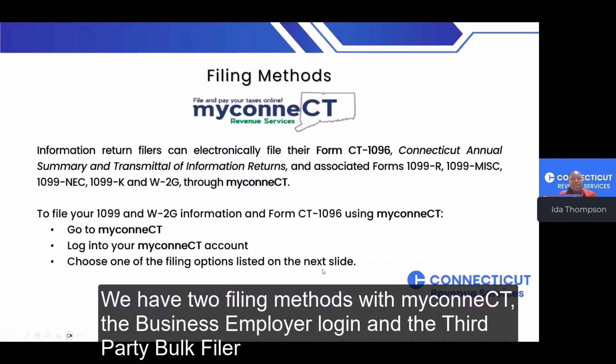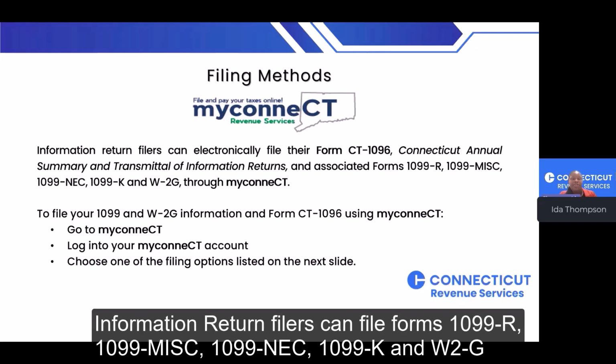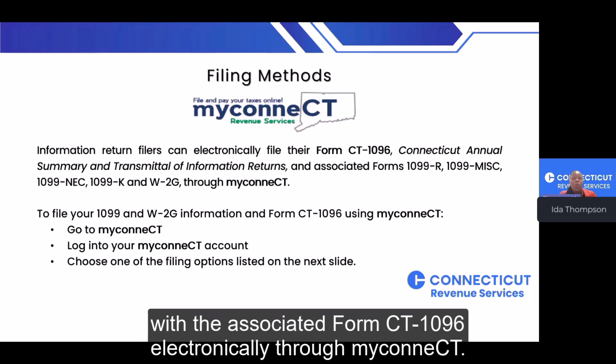Now we have two filing methods with MyConnect: the business employer login and the third-party bulk filer. Information return filers can file Forms 1099-R, miscellaneous, NEC, K, and W-2G with the associated Form CT 1096 electronically through MyConnect.